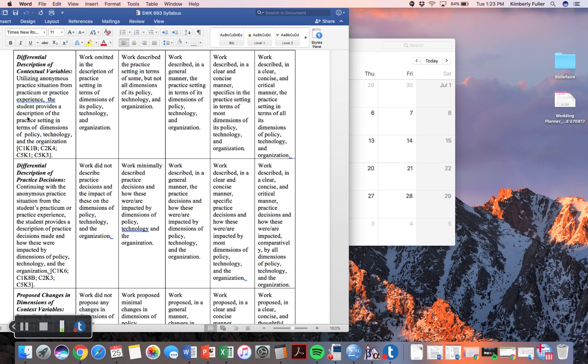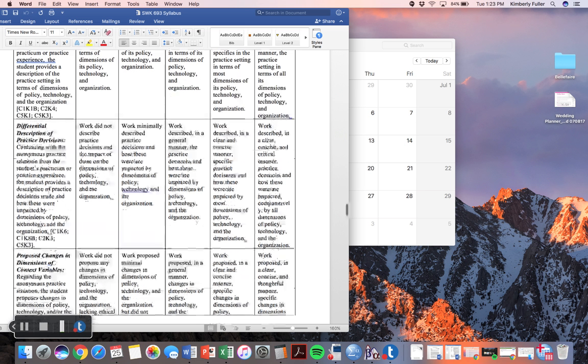Some really big red flags there. And so that would be what I would describe in this first section, how the policy at the organization needed to be changed or was ineffective for adequately treating this client appropriately.